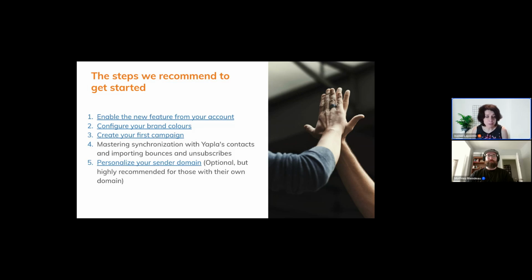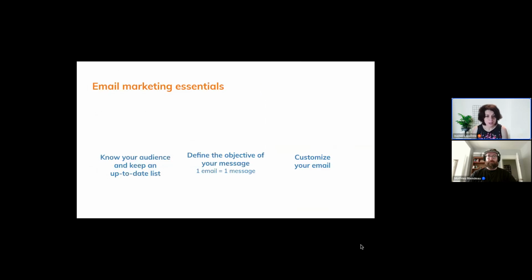Then we have a bit of information about the synchronization with Yapla's contacts, especially around managing the bounces and unsubscribes. And then if you have your own domain, which many of you have, it's very important to personalize and to authenticate this sender domain. I will talk a little bit more about this further on.